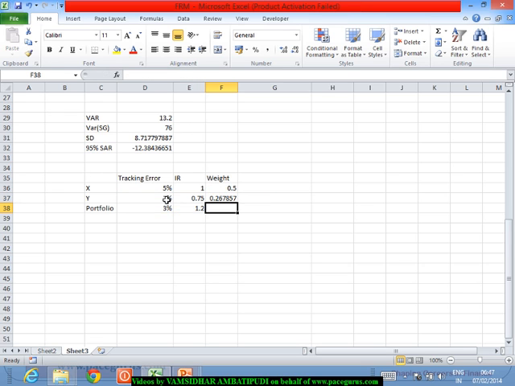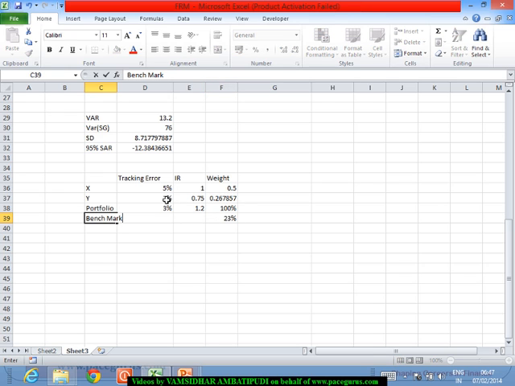So this is giving me somewhere around 26.7% as the weightage. And of course, for the portfolio, we require 100% as the weightage. So the balance, 100% minus these two, which is around 23%, is what I allocate to the benchmark itself.